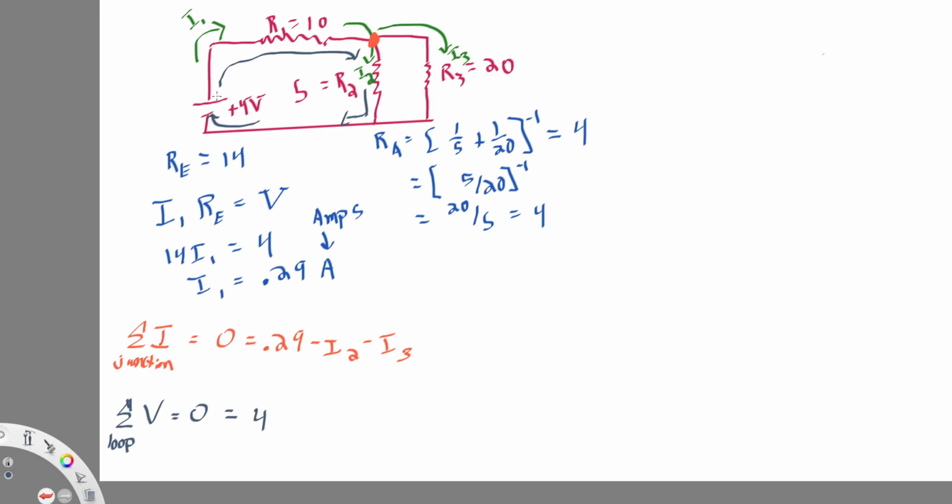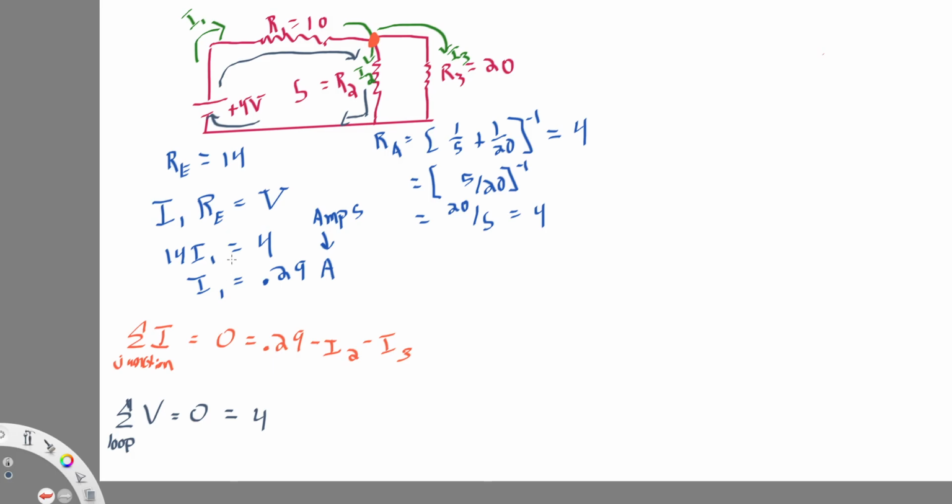If we decided to run our loop the other way, counterclockwise, then you would go the wrong way over the voltage source, which means you would get a -4, and you would go the wrong way over the resistors, which means instead of losing voltage, you'd gain voltage. Basically, it would have the effect of multiplying this whole equation by -1, which isn't going to change the results you get at the end.